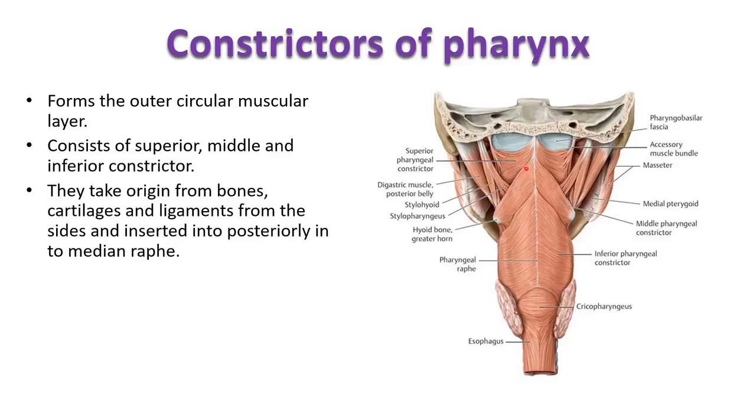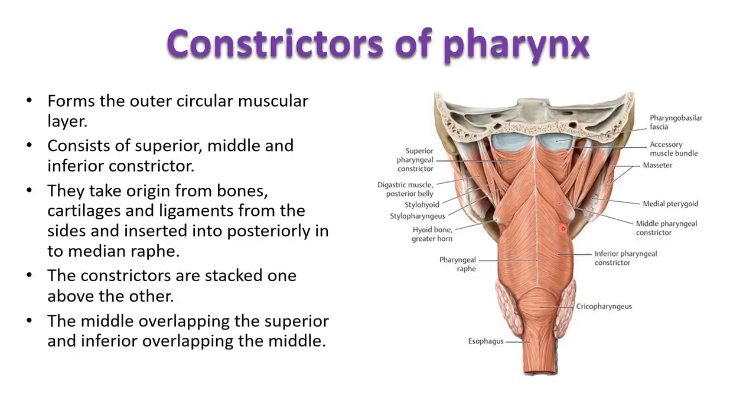For example, the lower part of the superior constrictor is overlapped by the upper part of the middle constrictor, and the lower part of the middle constrictor is overlapped by the upper part of the inferior constrictor. They are stacked like flower pots, where you put one pot into the other. That is how the superior, middle and inferior constrictors are arranged.